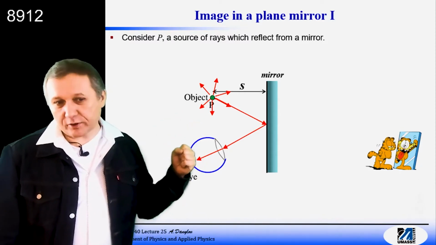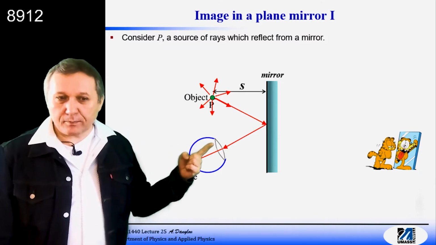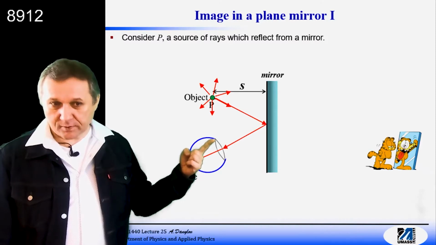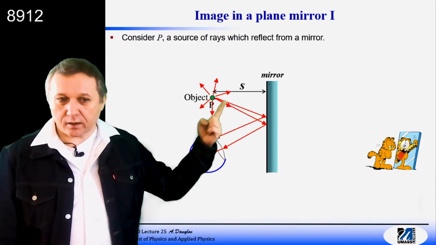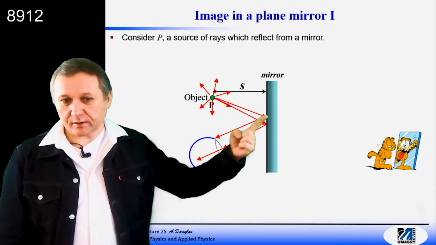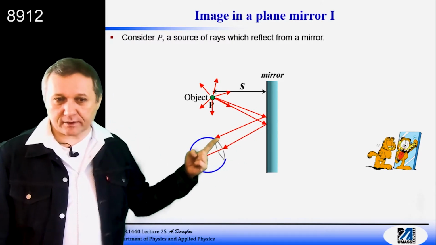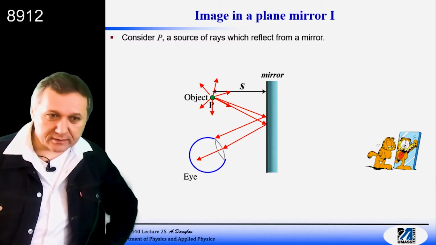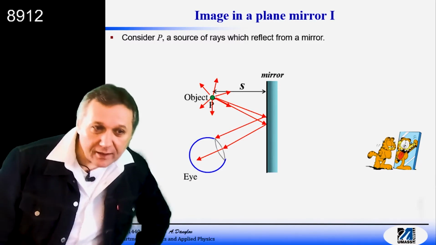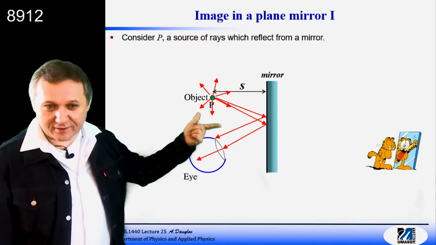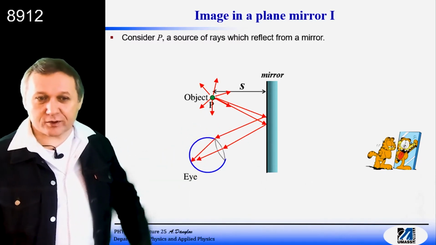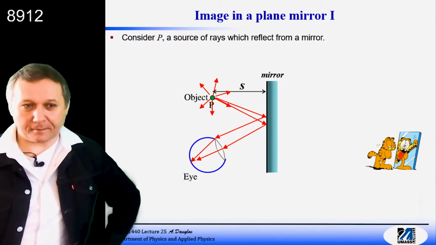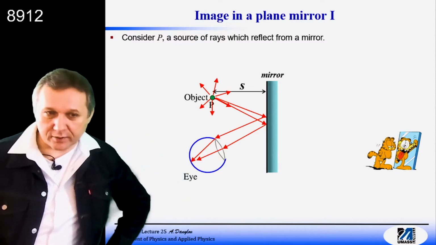The second one I want to add is going to pass the lens at the top of the lens. Let's say it hits the mirror at this point, and it will end up here at the top of the lens. That will be basically the last ray on this side, the last ray which is going to end up on our retina, giving us some information about the object.